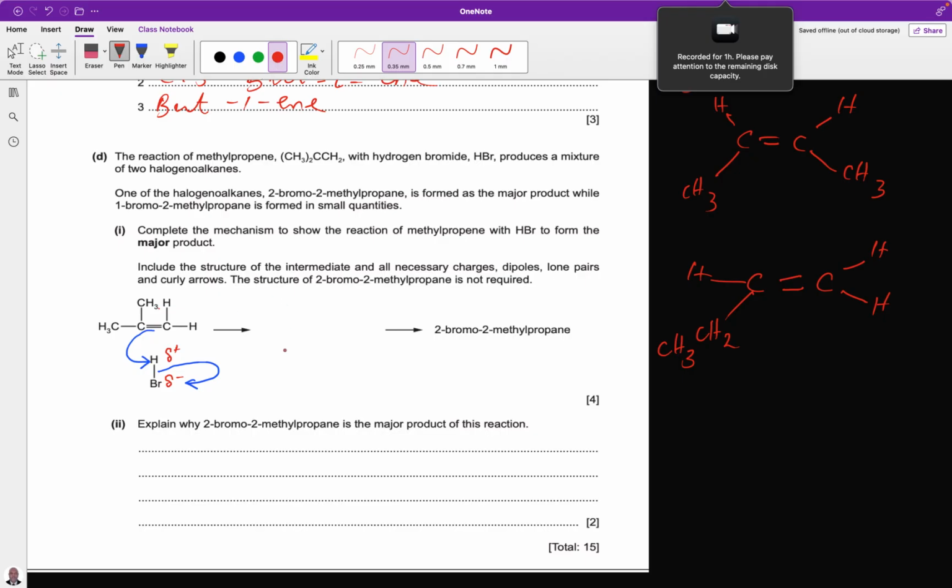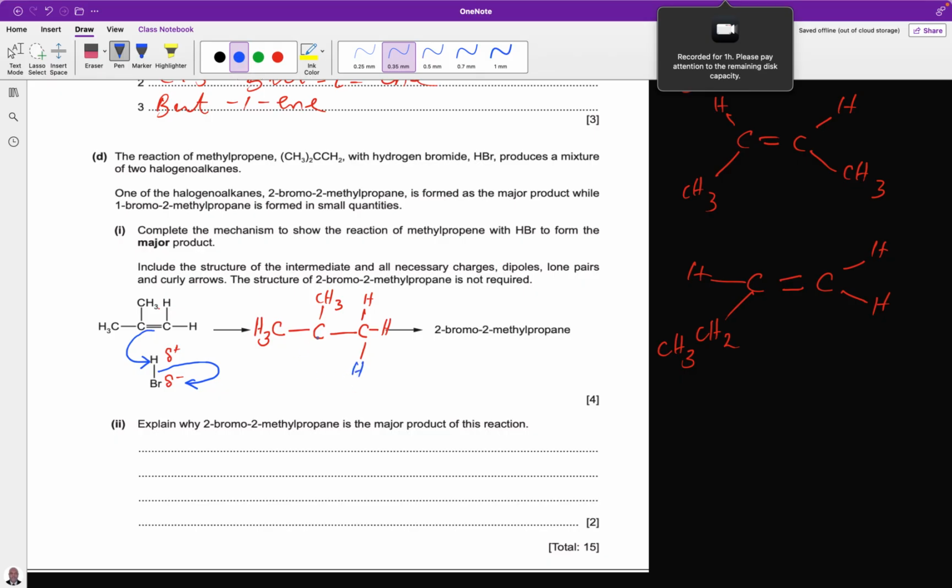There will be H3C, and this is the hydrogen that will attach itself here.